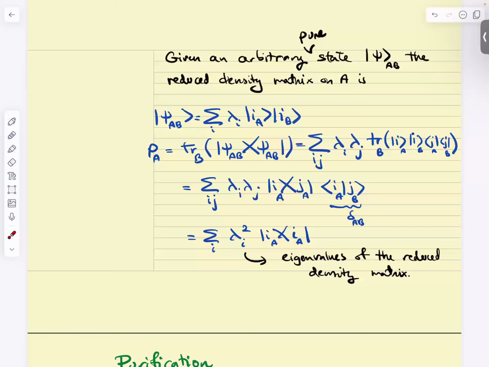So this is the reduced density matrix. The kets I are orthogonal. So what this says is you have a density matrix that is, with probability lambda I squared, in the state I A.